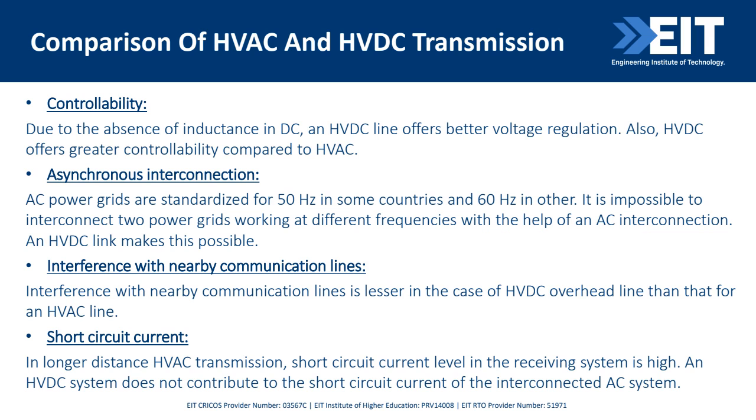But with DC, we don't have that issue. In those countries where they have networks working at different frequencies, they use DC as a linkage. So a DC link makes this interconnection possible.